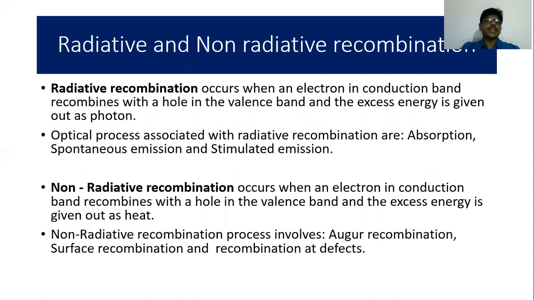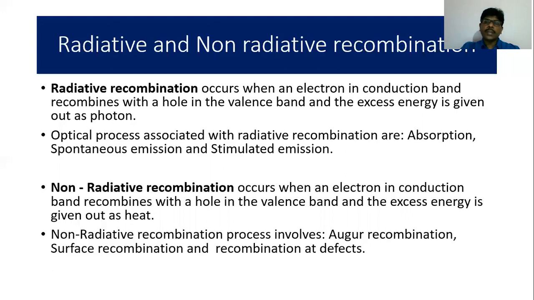Now, we shall see the difference between radiative and non-radiative recombinations. Radiative recombination occurs when an electron in the conduction band recombines with a hole in the valence band and the excess energy is given out as a photon. Optical processes associated with radiative recombination are absorption, spontaneous emission and stimulated emission.